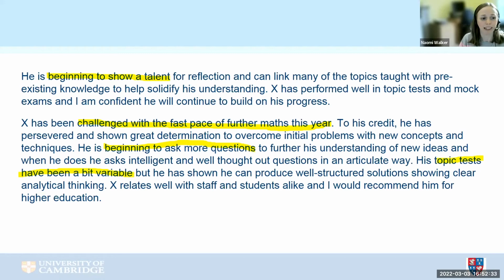And it's not us being mean, saying that if their topic tests have been a bit variable or they've not kept up with the pace, they're not for us. That's actually us trying to serve your students well as well. Because if they're struggling to keep up with the fast pace of maths at school, they're really going to struggle when they come to Cambridge, and that's not good for them. That's not good for their well-being, and they'd be better off going at a different pace that's more suited to them.